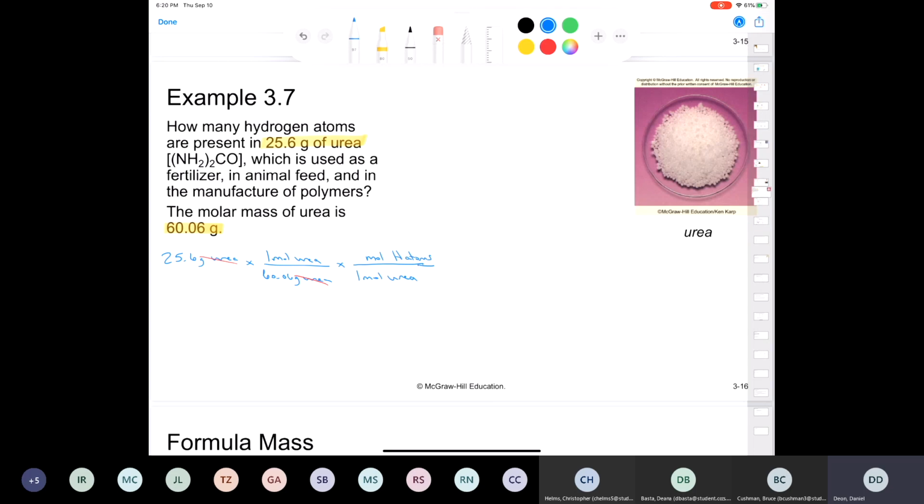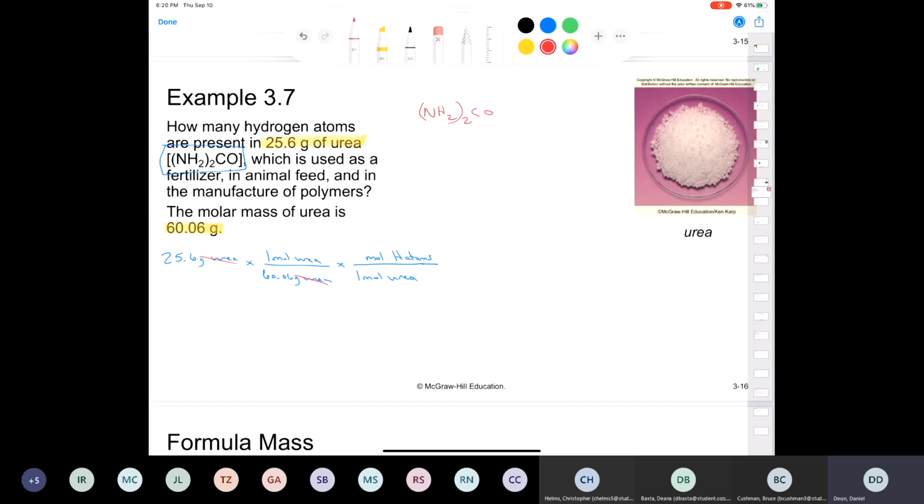Could anybody tell me how many moles of hydrogen atoms there are in 1 mole of urea? Not a trick question. Just look at the formula. Somebody says 4.